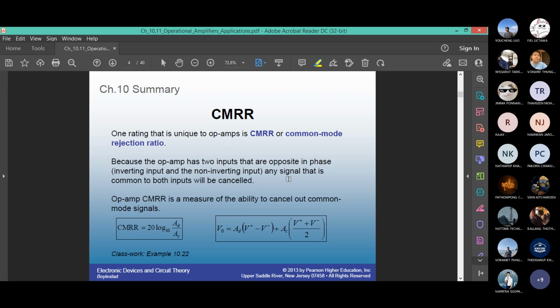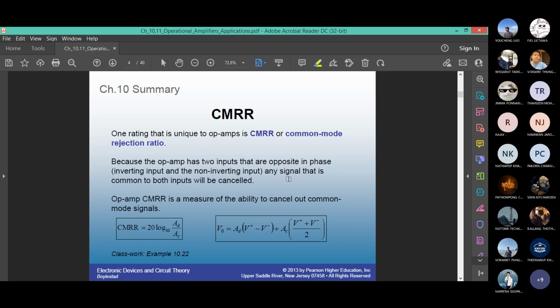The thing in the bracket, V plus minus V minus, is VD. So in the differential mode, you see what is provided in the plus pin, what is provided in the minus pin. If you have 2 volts in the plus pin and negative 2 volts on the minus pin, 2 minus negative 2 becomes 4. VD is 4.